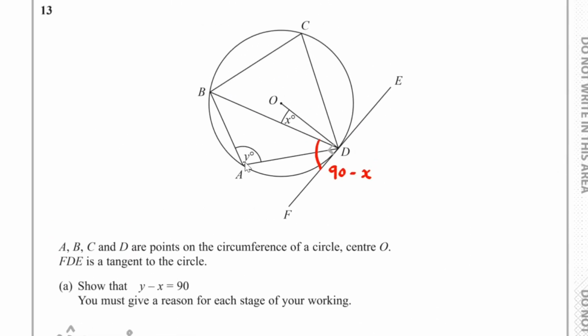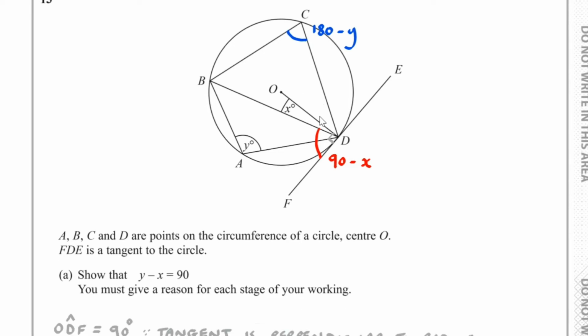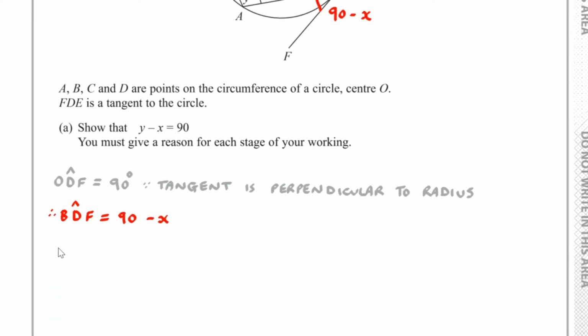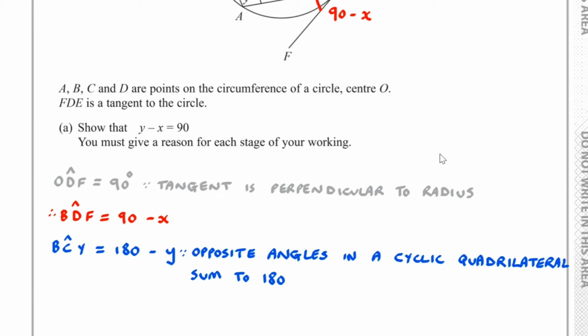Now, if this angle here is y, that means the angle here will be 180 minus y, because opposite angles in a cyclic quadrilateral sum to 180. So we have BCY equaling 180 minus y. So BCY is 180 minus y because opposite angles in a cyclic quadrilateral sum to 180.